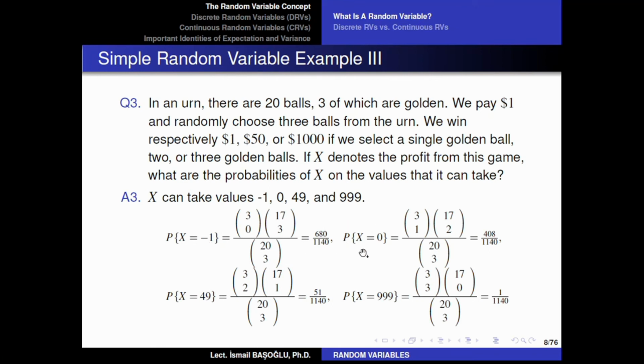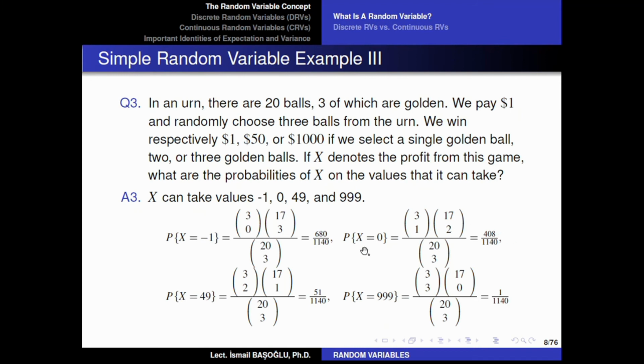Breaking even, or having 0 profit, happens by selecting 1 golden ball when you choose 3. So again, the sample space consists of 20 choose 3 possible outcomes. However, the number of cases where we choose exactly 1 golden ball is 3 choose 1 times 17 choose 2. So we choose 1 golden ball and 2 ordinary balls. And the number of cases that gives us this is 408.